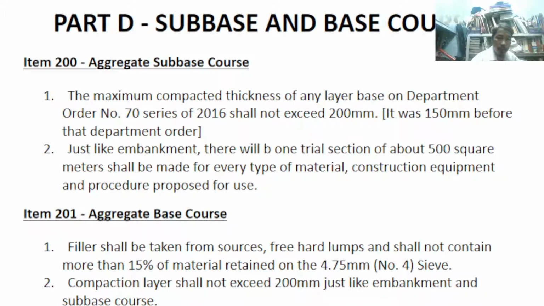Compaction layer shall not exceed 200. This was 150 mm in the old one, so what I know about is the old one, 150 layers. Now DPWH uses 200 mm, if this document is correct. This is Order of DPWH TO70-16.